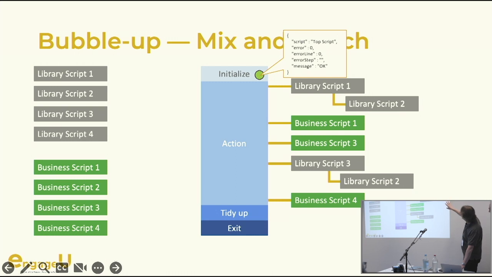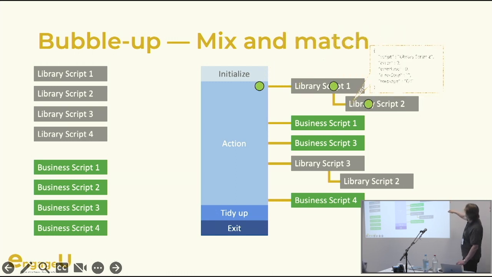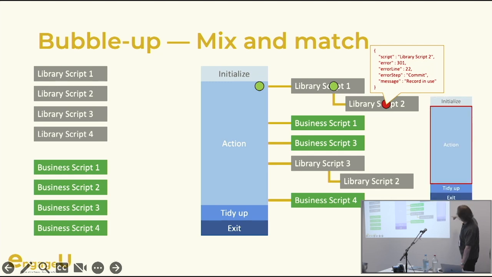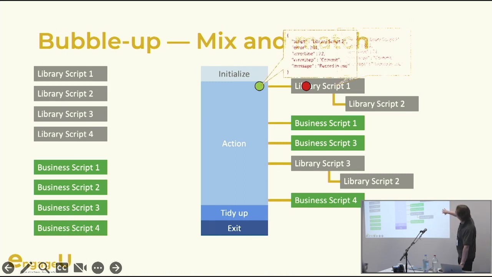Say there was an error in the same circumstance, same thing happens, and we get here, and maybe, I think it's a record locking I did. Yeah, so you suddenly have a commit error. This one then immediately halts, goes to its own tidy up block, cleans up after itself and exits, and it hands this error back. This script now takes that result as being its result and says, oh my God, I've got an error as well, so it tidies up after itself.